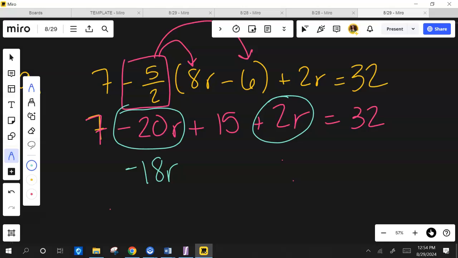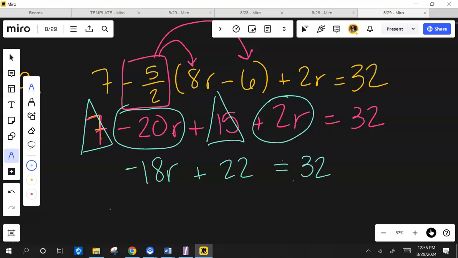Max, what's my other like terms on the left side? 7 and 15, right? What's 7 plus 15? 22.